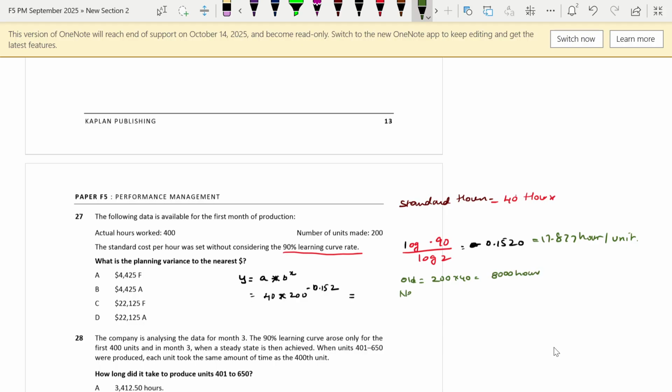The new one is 200 times 17.877, which comes to 3,575 hours.